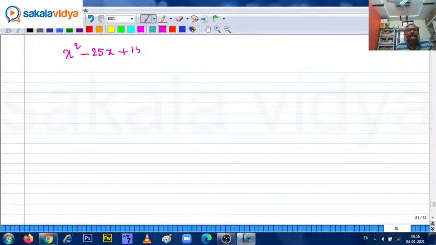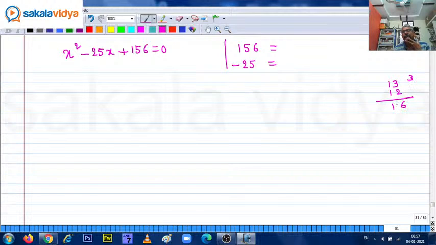Now let us write the factors of 156 that sum to minus 25. 13 into 12, you try: 12 times 13 is 156. Yes.